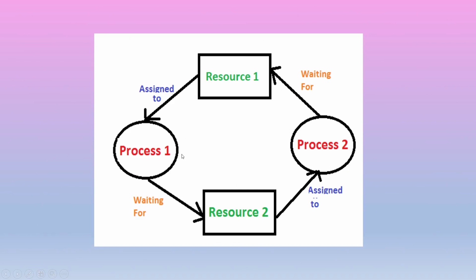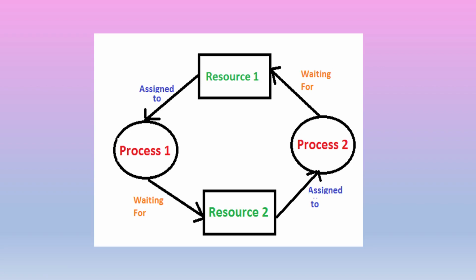Here, process 1 is allocated resource 1 and process 2 is allocated resource 2. For completion of process 1, it requires resource 2, and for completion of process 2, it requires resource 1. Process 1 is waiting for resource 2 and process 2 is waiting for resource 1. For completion, they are both dependent on each other.